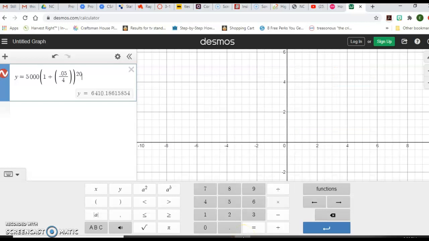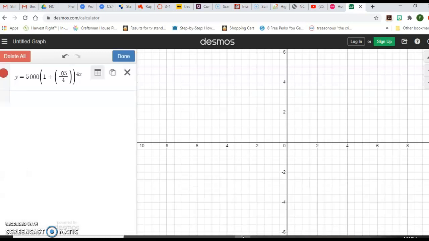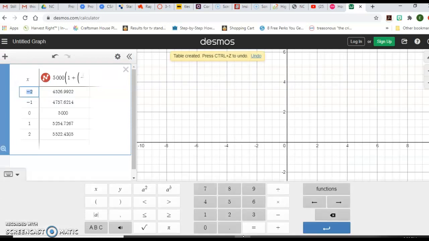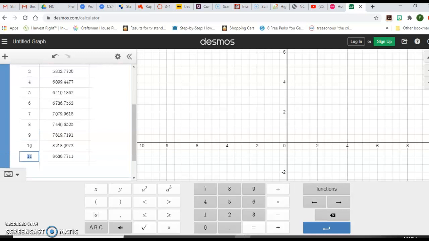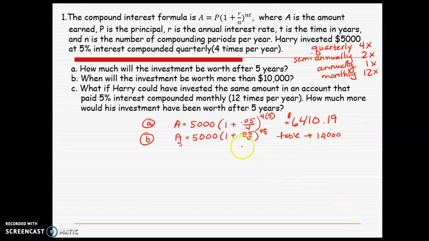And I've got this all in, except now it is to the 4x. Okay? So we're going to back up and get our table. And here we go. So we're going to start just hitting enter and keep going down. We want it to get to $10,000. And there we go. 14 years to get to $10,000. So the answer is 14 years.